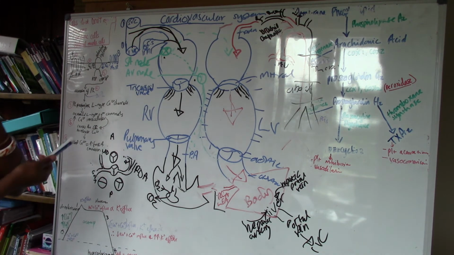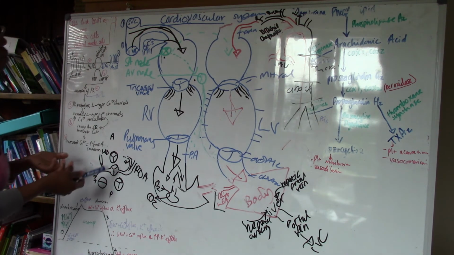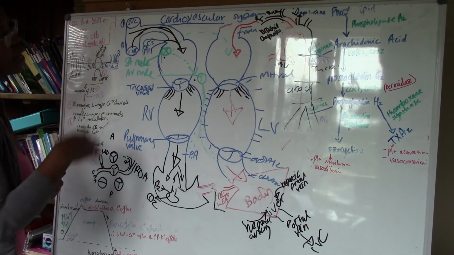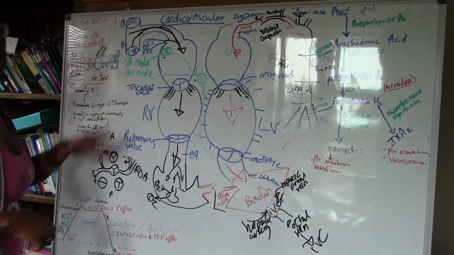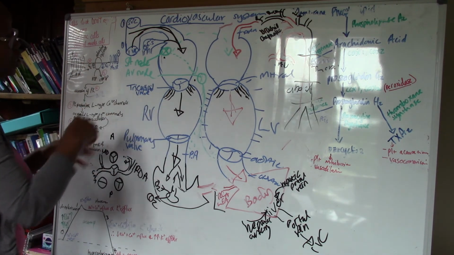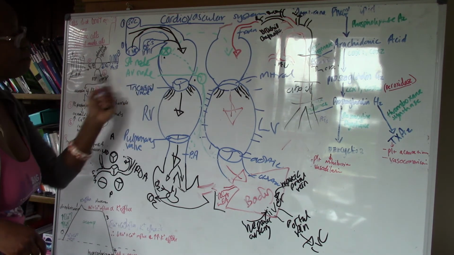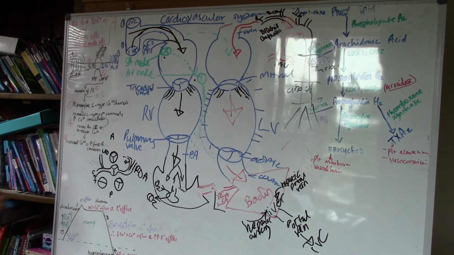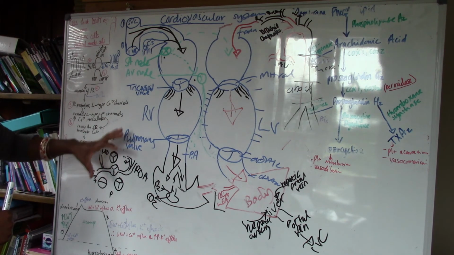So the coronary arteries become quite important. They also fit nicely into the ECG and into impulse generation. So we'll have to revisit them again and do them a bit better.